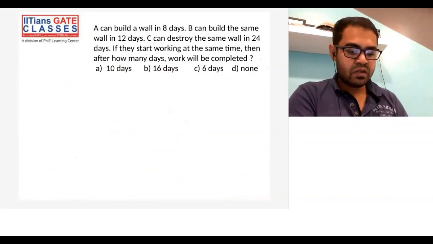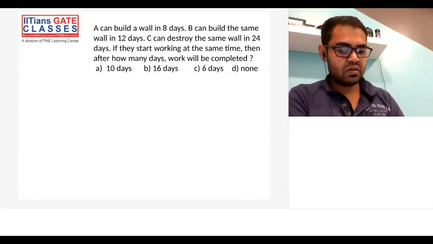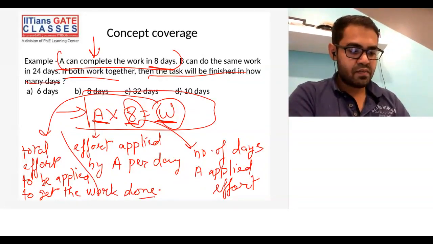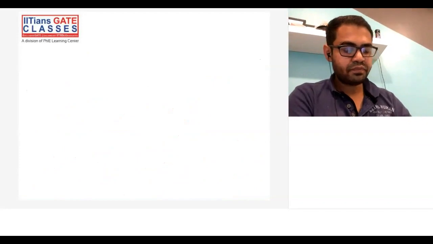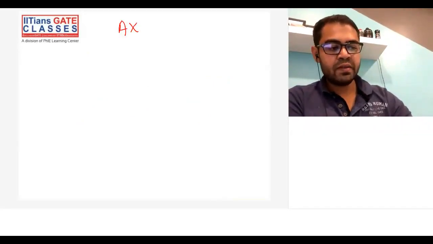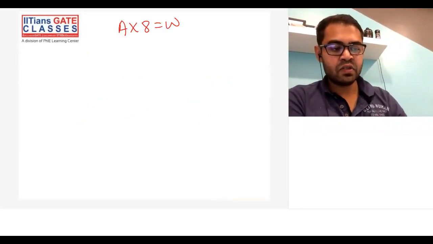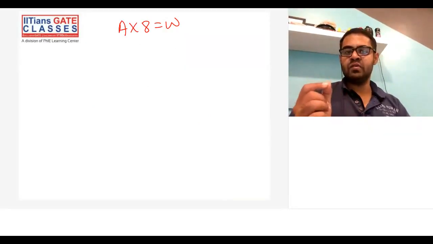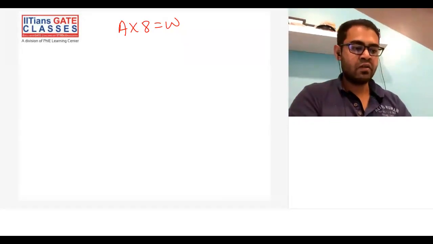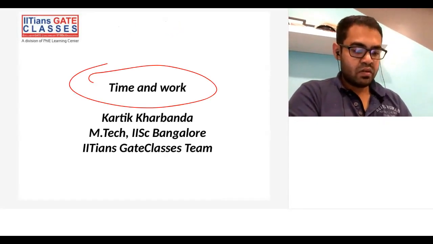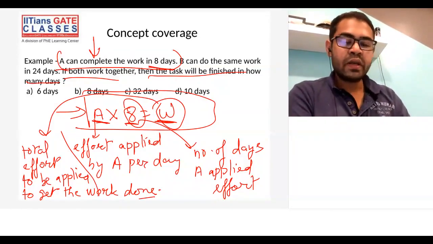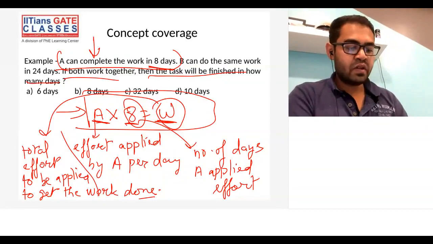So A times 8 is equal to W. This was the first equation. Now you know what A is, what 8 is, and what W is. This should be clear by now. Let's see what can be said about the second statement: B can do the same work in 24 days.